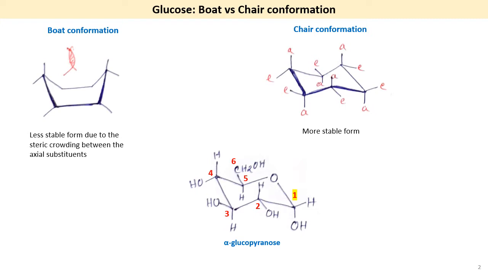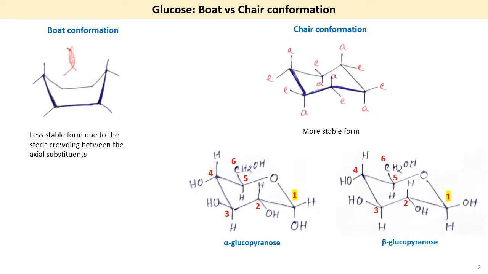So this is same as Haworth projection. In Haworth projection also the OH group was at the bottom. So here bottom means at C1 the OH group should be axial, and in case of beta-D-glucopyranose, or beta glucopyranose, the OH group will be at the top. So here it will be the equatorial position.